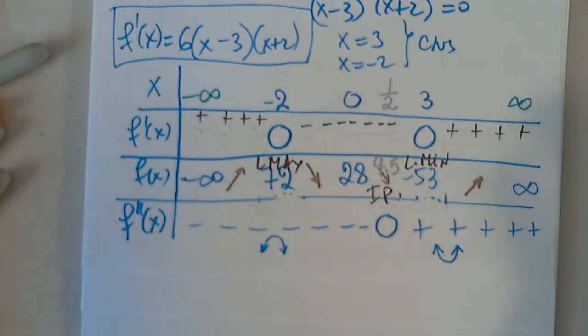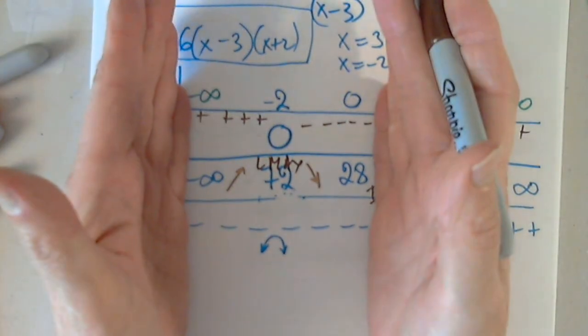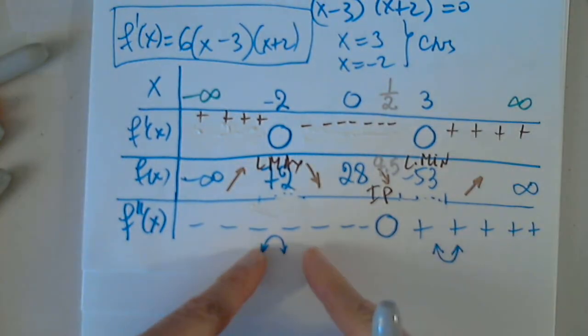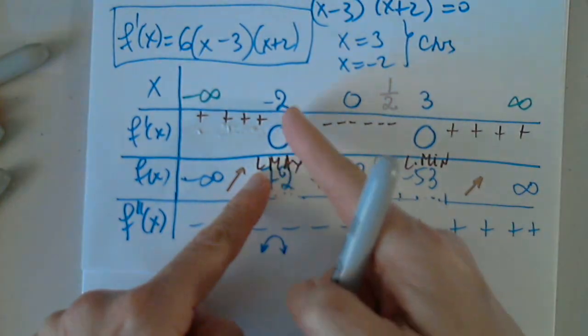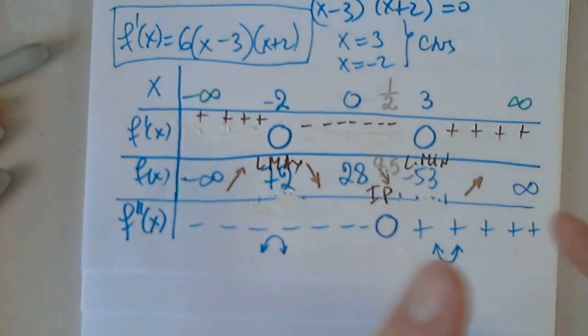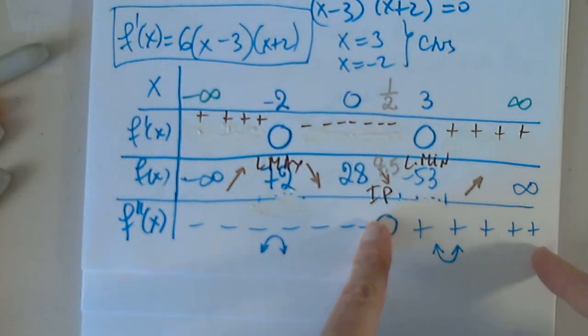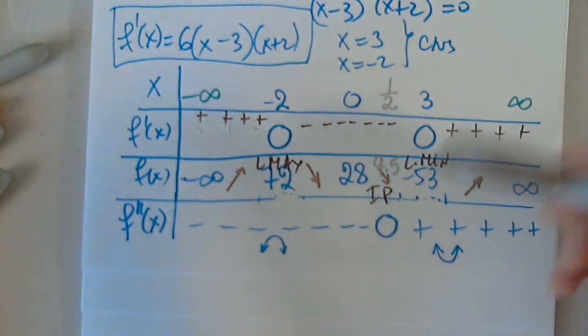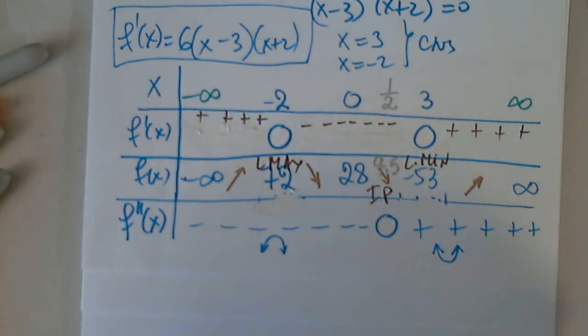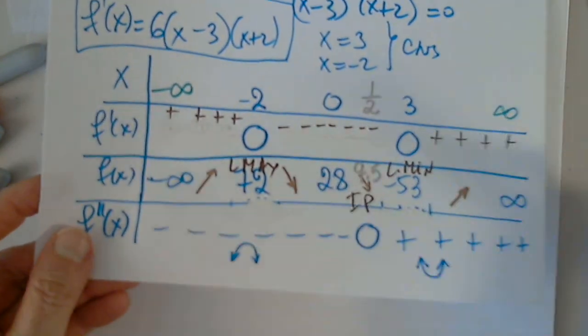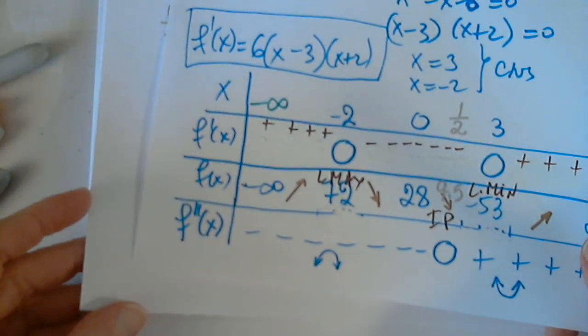If there is no critical number, then there is no max min. But if there is a critical number and the function looks like this, the critical number must give a maximum. And if there is a critical number in this area where the function opens upward, the critical number must be a minimum. And this is called the second derivative test.